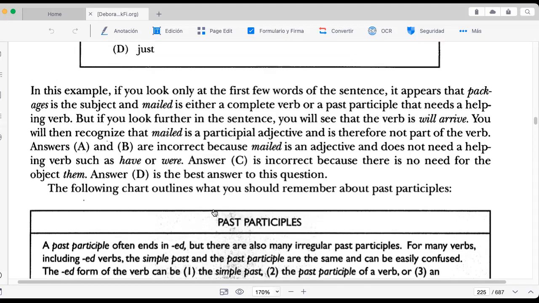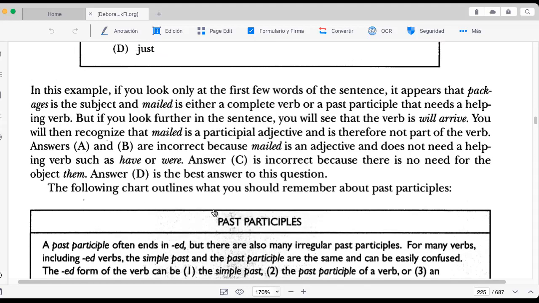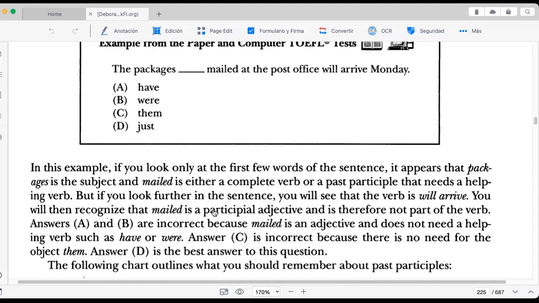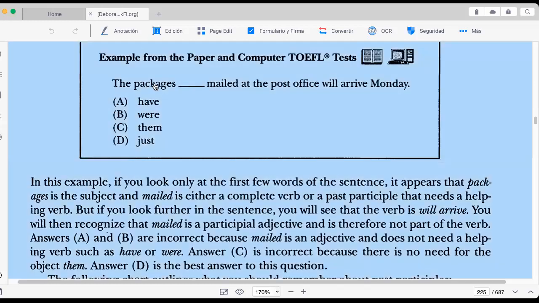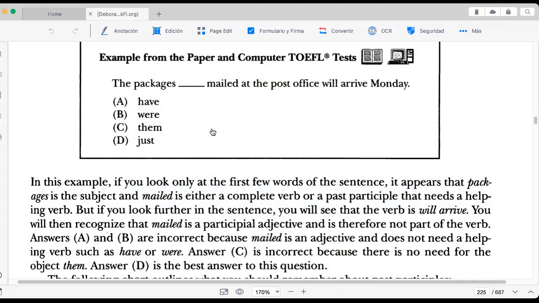Yes. And we have this, okay? Just before we read it, let me explain this. It's very easy. You have this sentence, okay? You have the packages, and then we have a mystery word in this blank: mail it at the post office will arrive Monday.